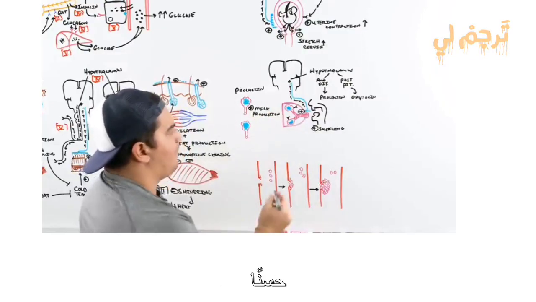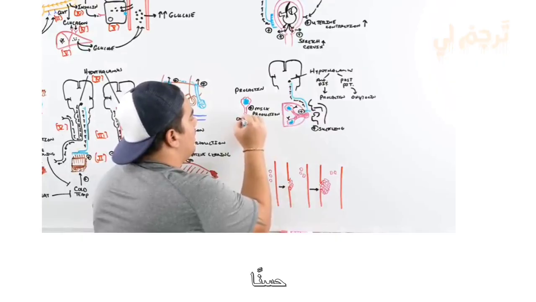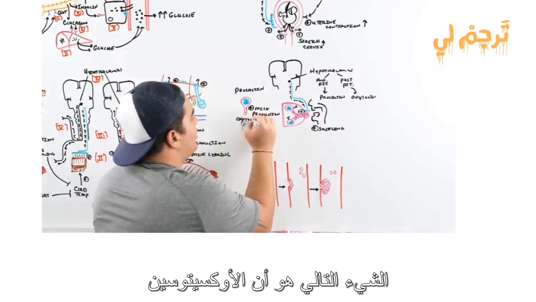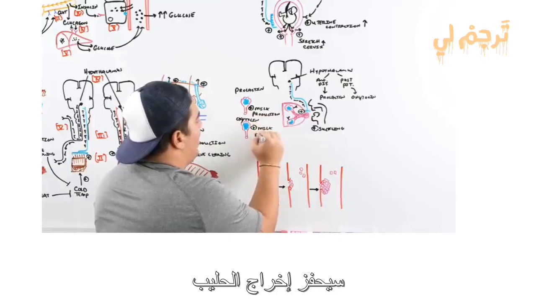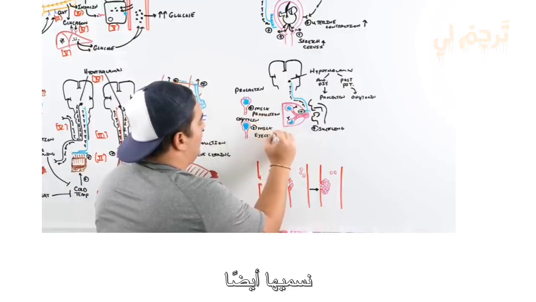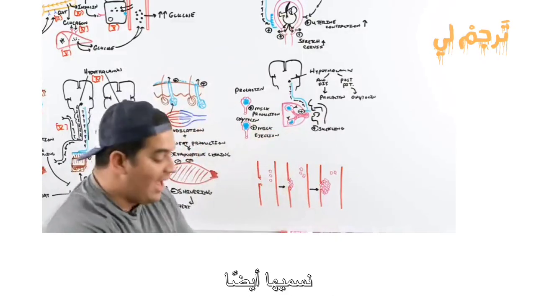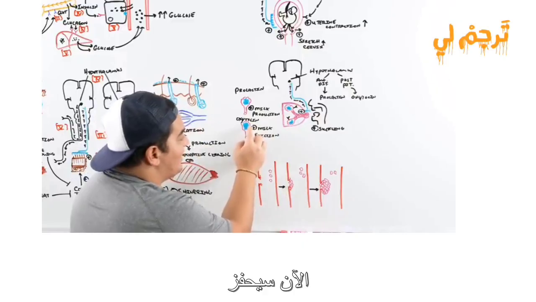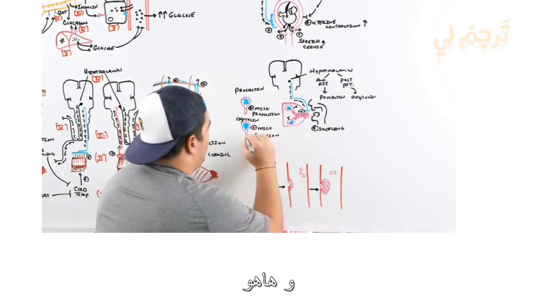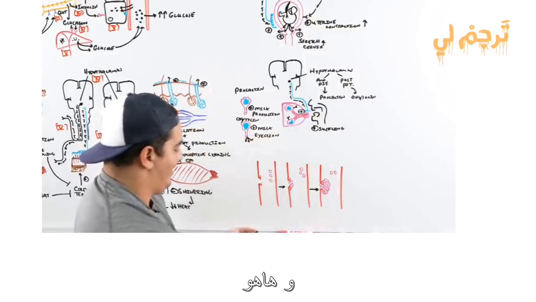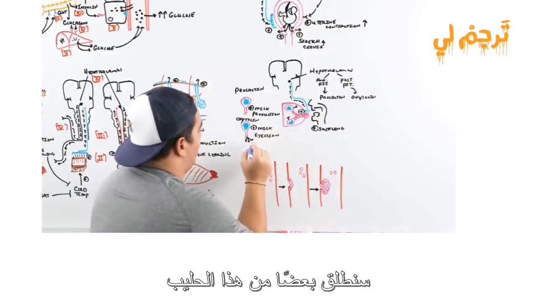The next thing is that oxytocin is going to stimulate milk ejection. We also call this the milk letdown reflex, or the letdown reflex. So now it's going to stimulate myoepithelial cells around the gland, and pa-poo, we're going to shoot some of that milk right into the baby's gullet.